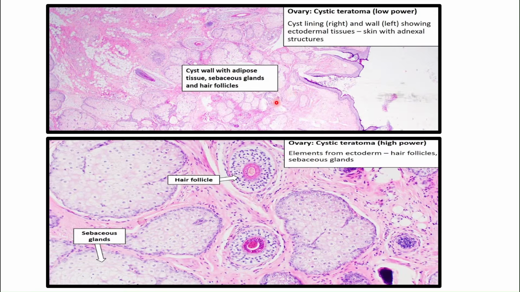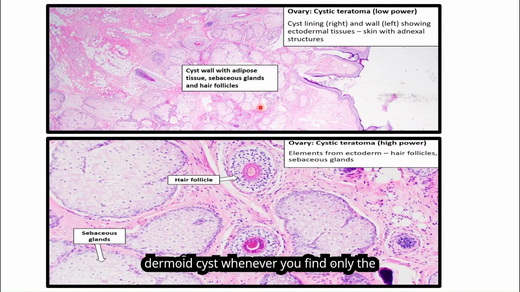So dermoid cyst, whenever you find only the ectodermal origin tissue, and it is called mature teratoma when you find all three germ layer derived tissue like from ectoderm, mesoderm and endoderm.